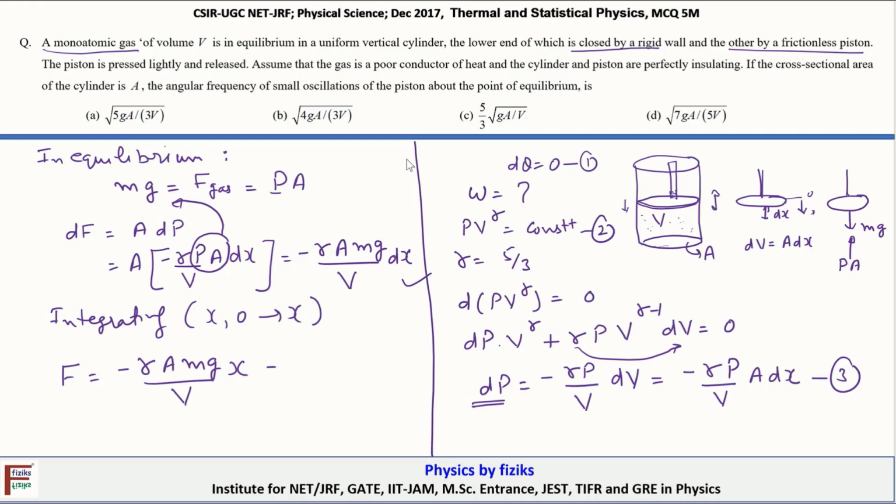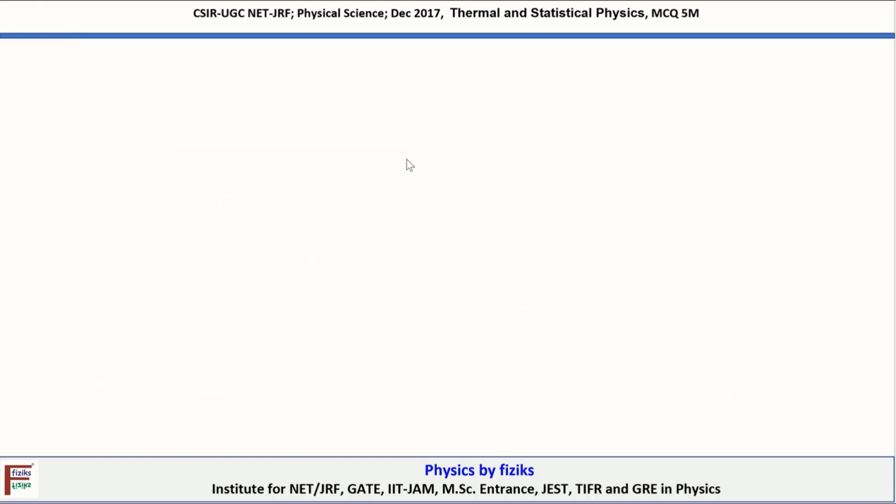This can be written as minus k times x, where k is equal to m omega square. So basically we are comparing this with the equation of motion of the oscillator.